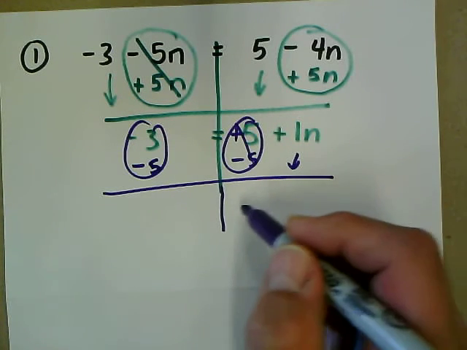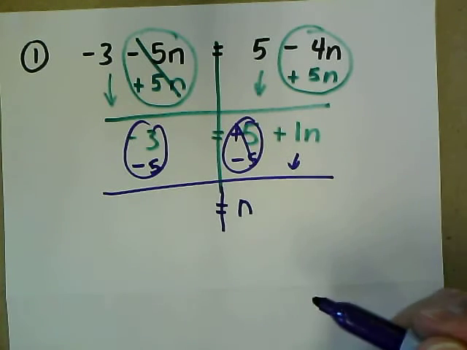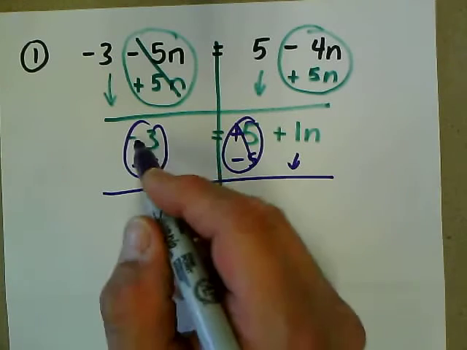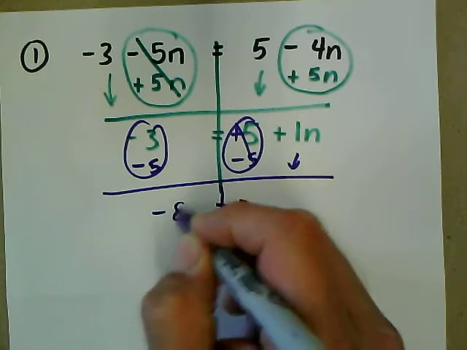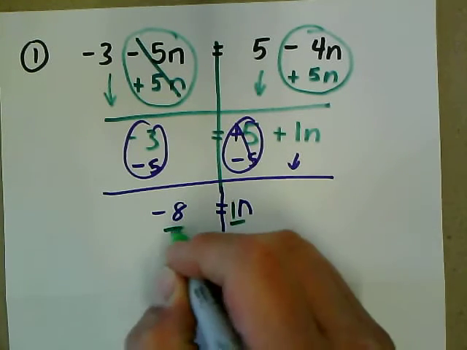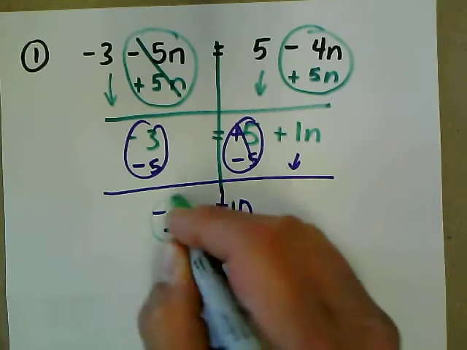Since it's 1n, can we just say n? Yeah, we can just put that down as an n. If you want to bring the 1n down and you want to divide by 1 at the end, that's fine. -3 minus 5 is -8. It's done. It's over with. However, let me go ahead and bring down that 1 with it. And if you decide to divide by 1, you are still going to end up with n equals -8.